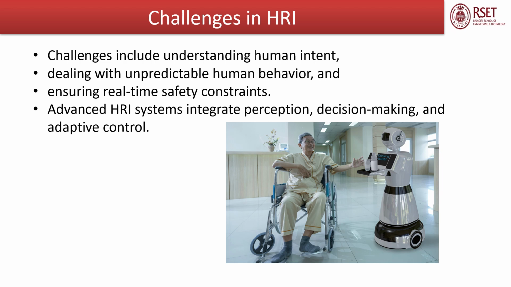This is an interdisciplinary field combining robotics, psychology, and AI. In this module, we moved from simple geometric path planning to realistic motion planning and control. We then expanded into multi-robot coordination and human-robot interaction. This shows how mobile robotics evolves from pure navigation to intelligent and collaborative systems.